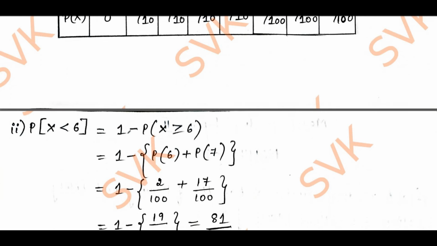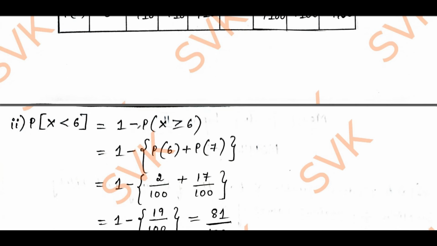Make use of probability axioms. So 1 minus p of x greater than or equal to 6. For that reason, if we find p of x equal to 6 plus p of x equal to 7, it is enough.